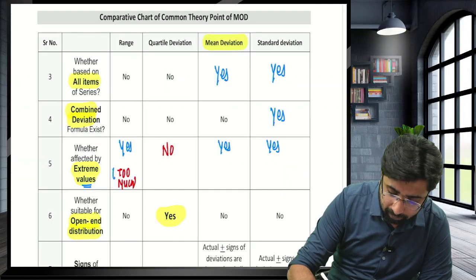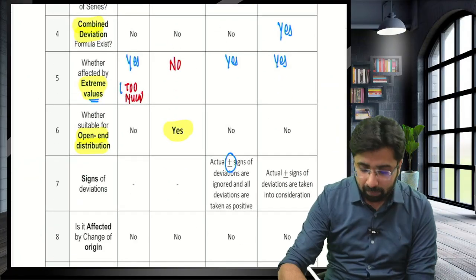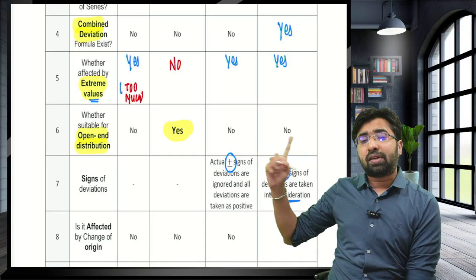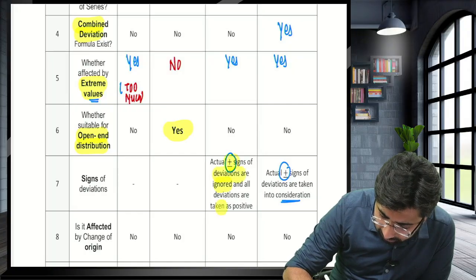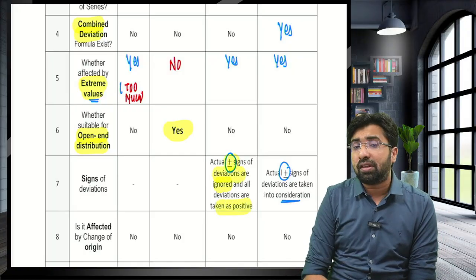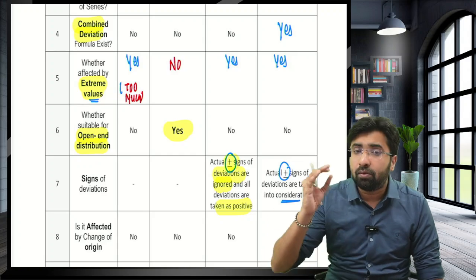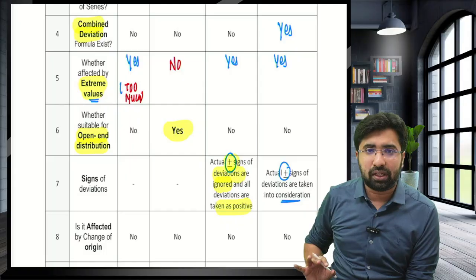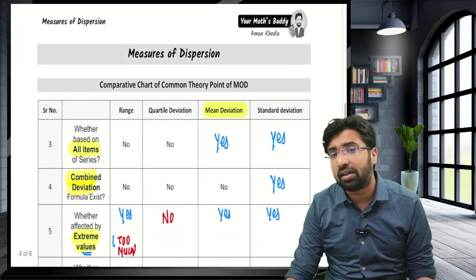So can I say the plus minus sign is ignored in the mean deviation, but taken into consideration in the standard deviation. That's why, guys, the best method is standard deviation.